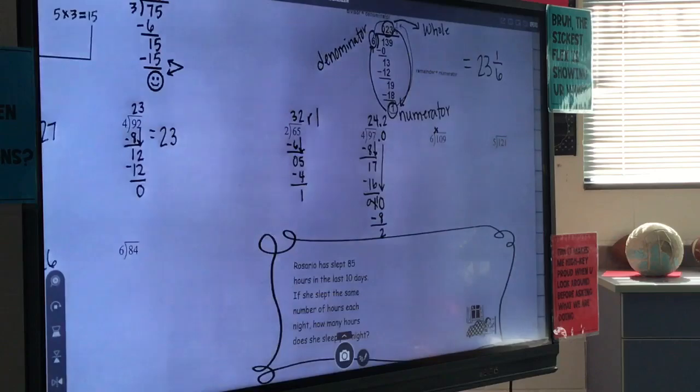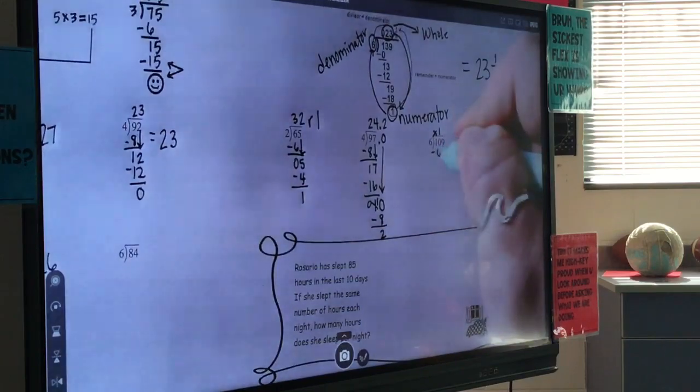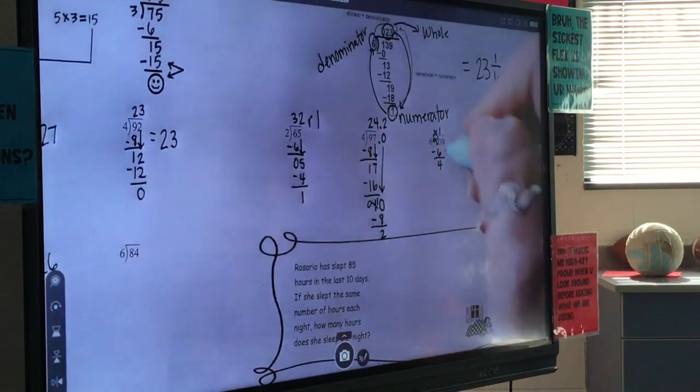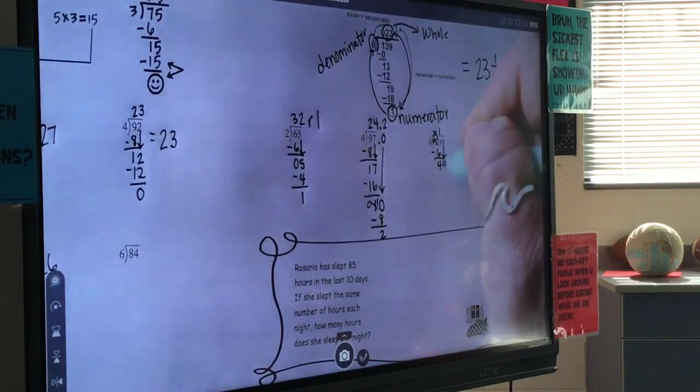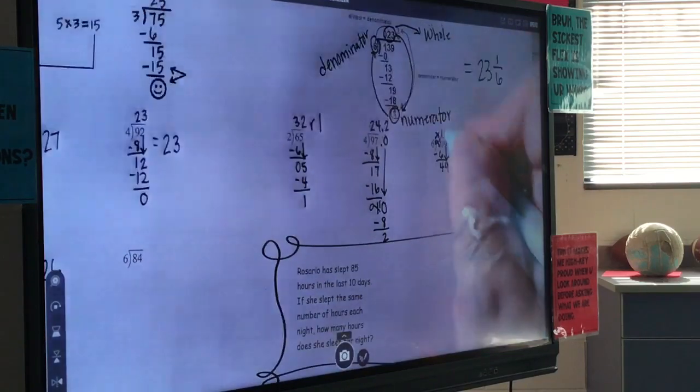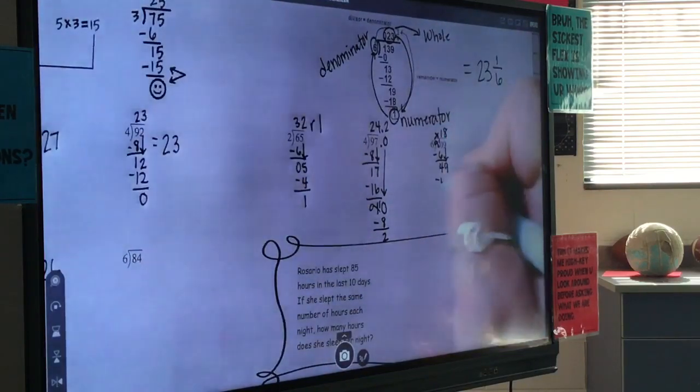What do I multiply 6 by to get 10? 1. All right, so that gives me a 4. I'm going to bring down my 9. What do I multiply 6 by to get close to 49 without going over? 8. Stop talking, humming, whatever you're doing.